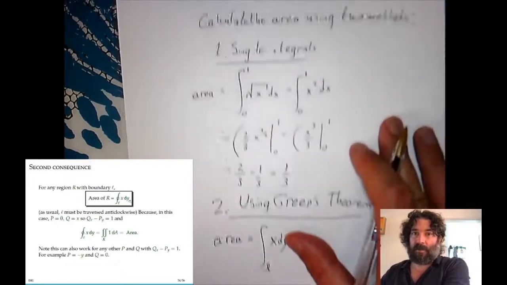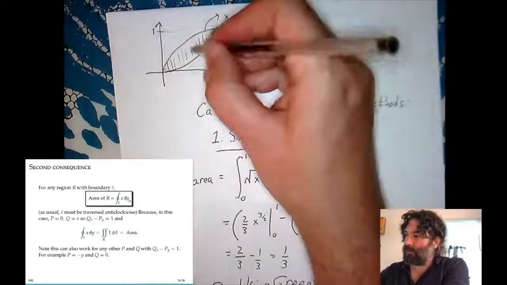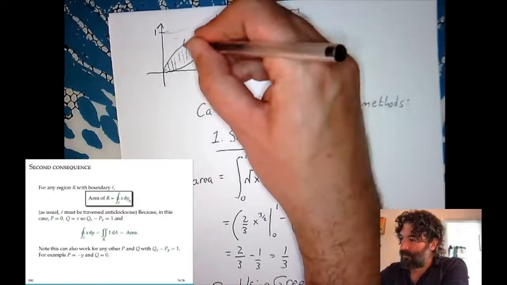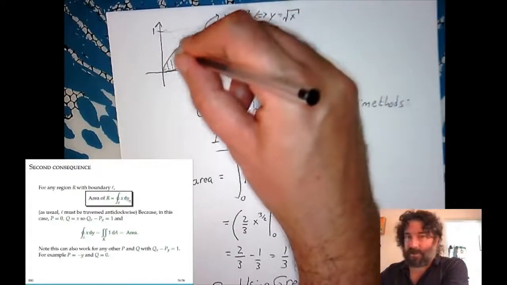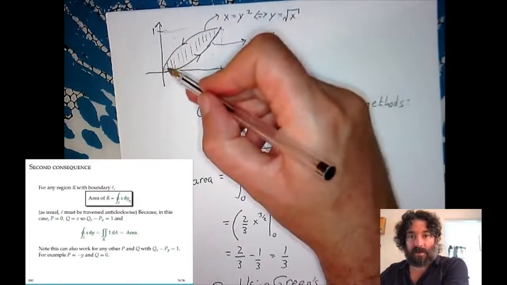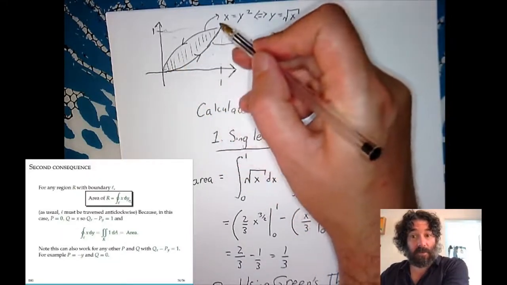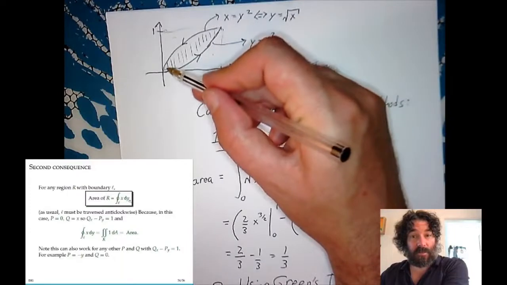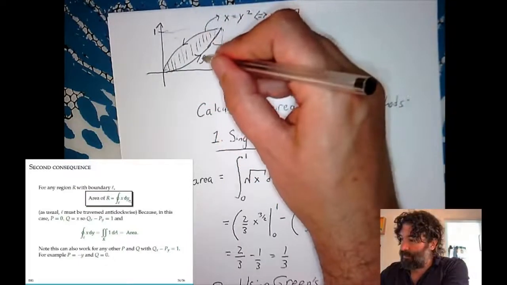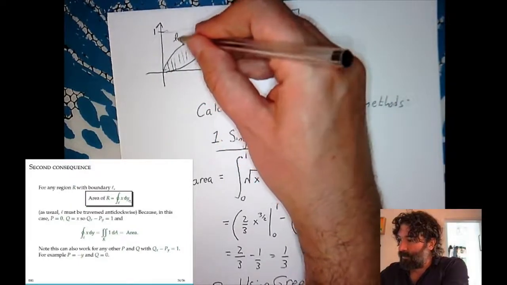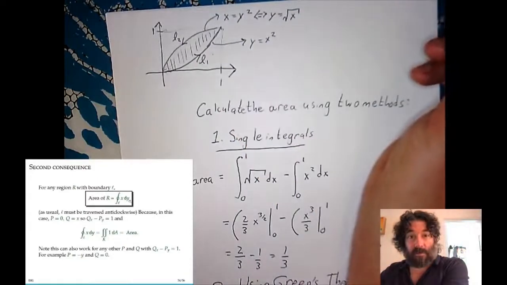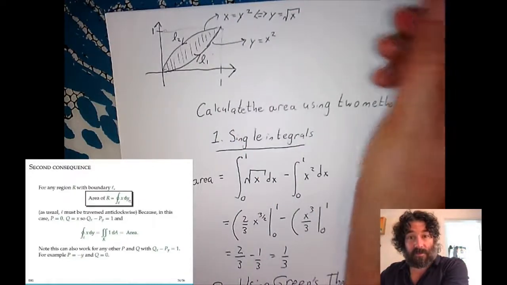Now let's look back up at the region. So the boundary of this region, traversed in the anti-clockwise direction, is L, and we want to split it up into two sections. One section going along the bottom part of the boundary and the other section going along the top part. Call them L1 and L2. And we'll compute the line integrals over each of those separately.